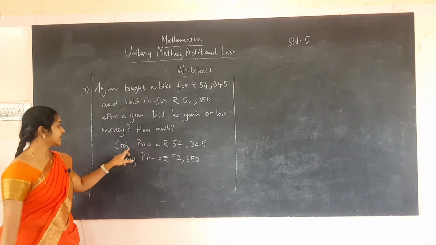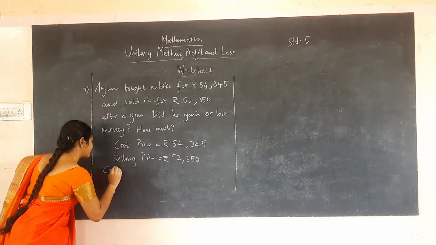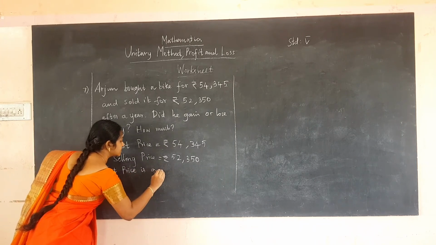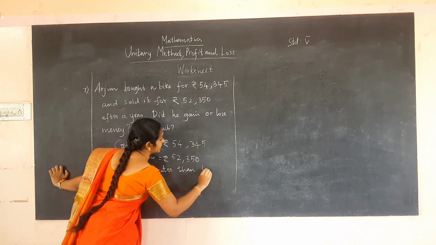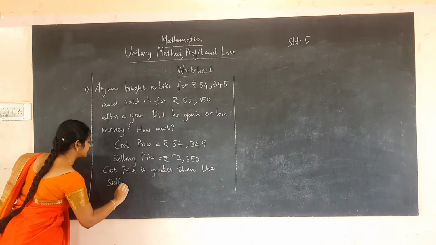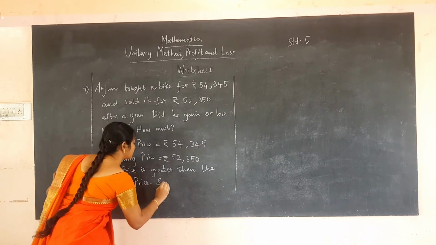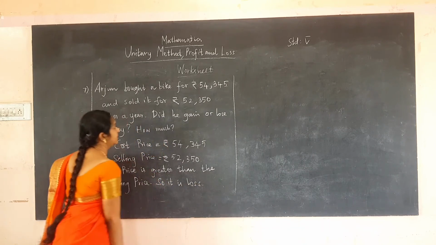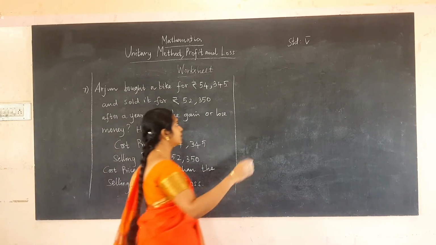Cost price is greater than the selling price, so it is loss. We have to find how much does he lose.